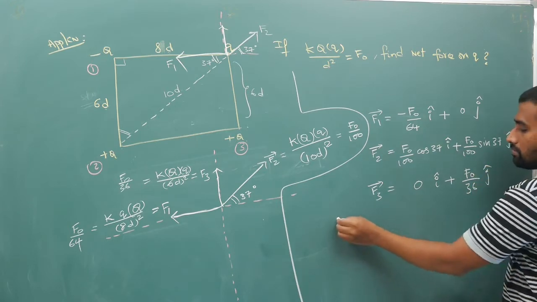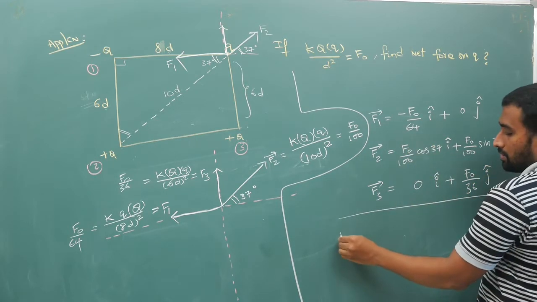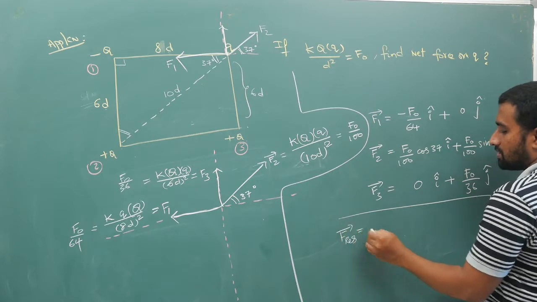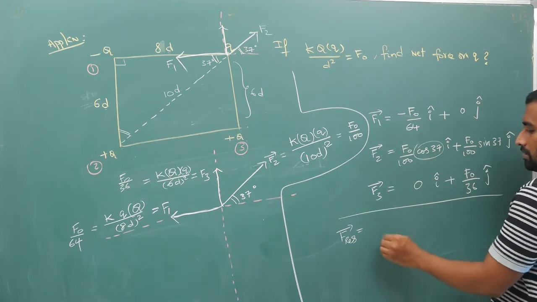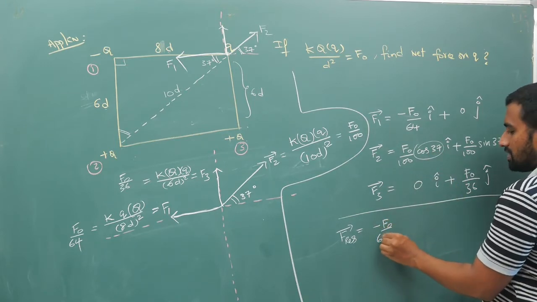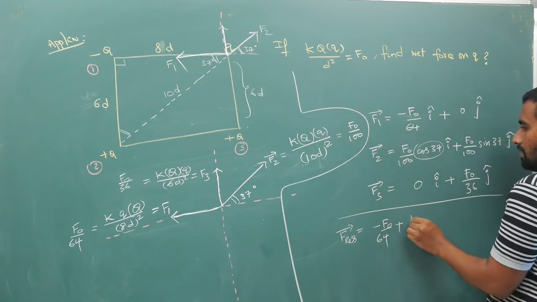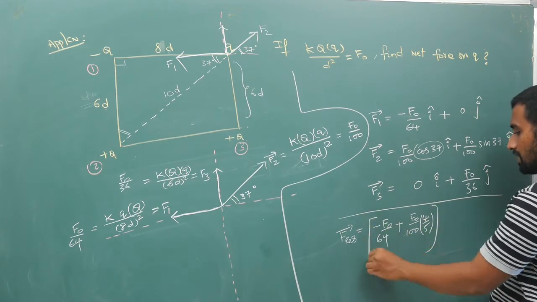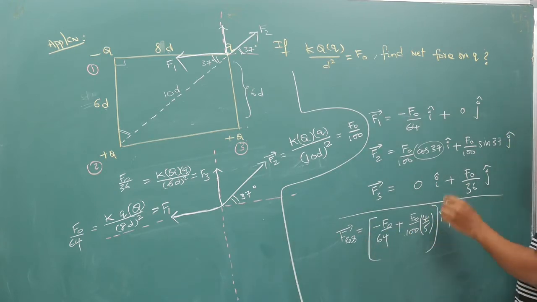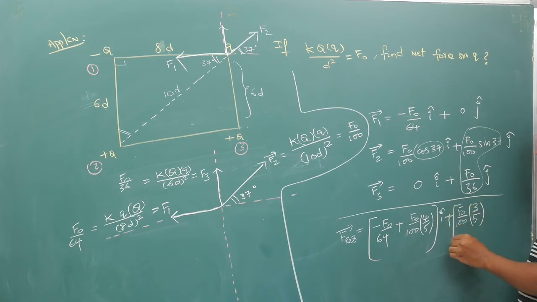Now once you get all the vectors, add them. So your resultant force is, cos 37 value is 4 by 5, so minus F0 by 64 plus F0 by 100 times 4 by 5 i cap, this much i cap, plus F0 by 100 times sin 37 which is 3 by 5, plus F0 by 36 j cap.